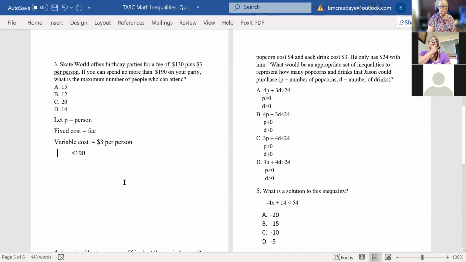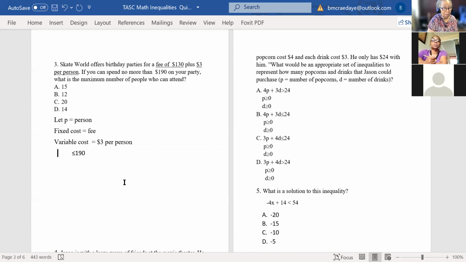Would it be 3 multiplied? 3 times what? We're saying let P equal the person. So 3 would be times what? Person.